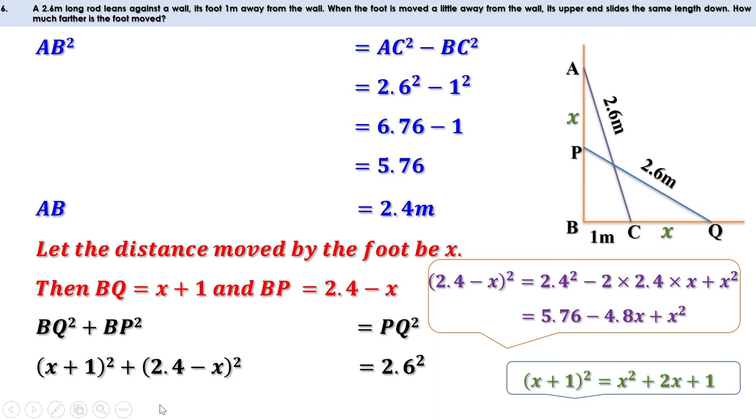So expanding, we can write x square plus 2x plus 1 plus 5.76 minus 4.8x plus x square equals 6.76.